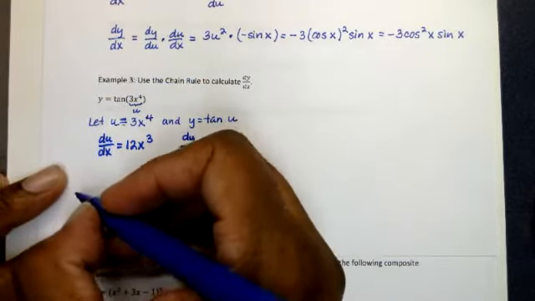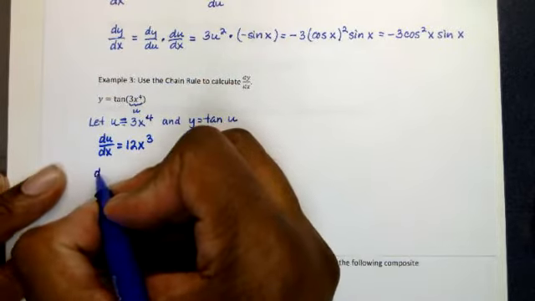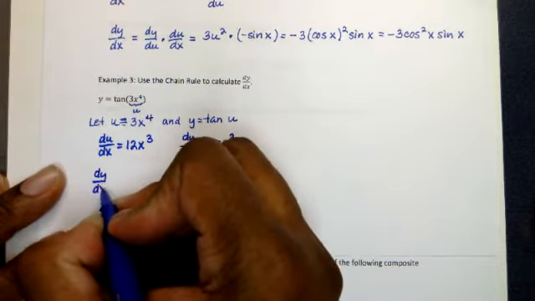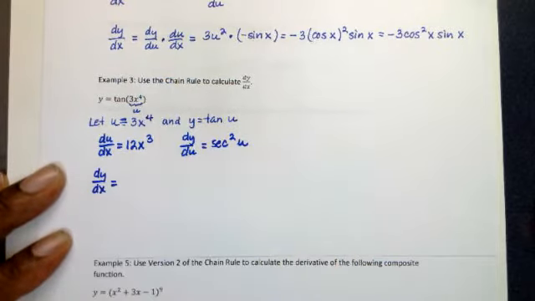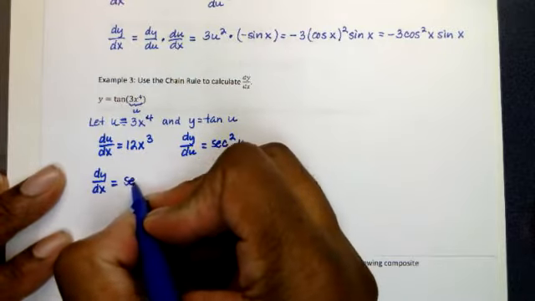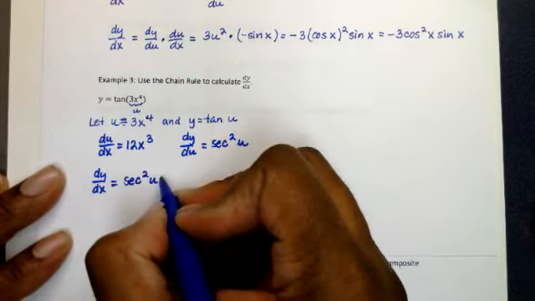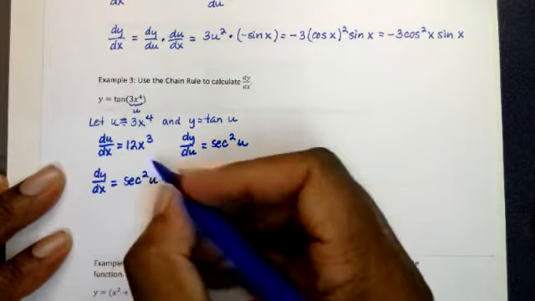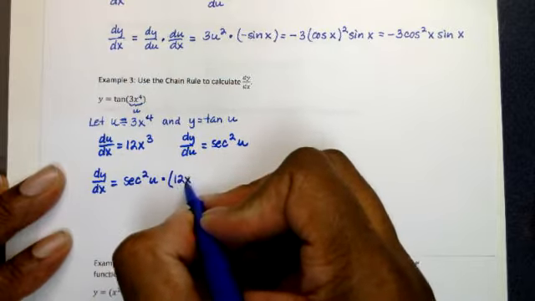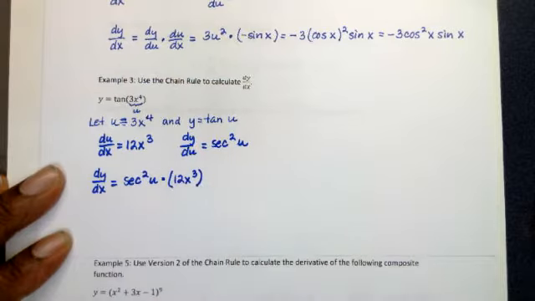Make sure that you know those or are familiar with those. And now we can find out what dy dx is going to be. That's going to be dy du, which is of course secant squared of u, times du dx, that's 12x cubed.